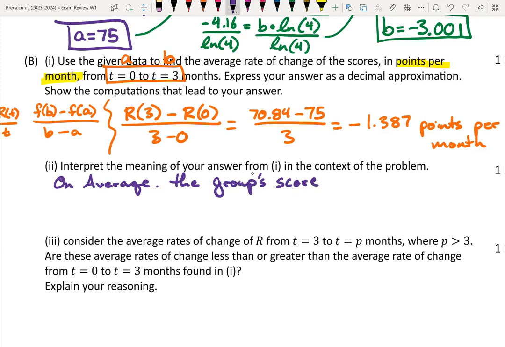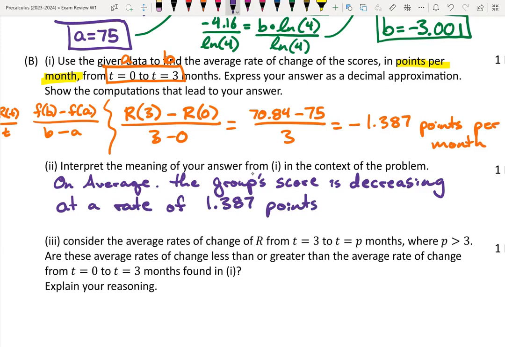So the group score R of t is decreasing. There's our interpretation. But let's give that a little bit more context. Decreasing at what rate? The 1.387. So we'd say at a rate of 1.387 points per month. And there we go. There's the interpretation.